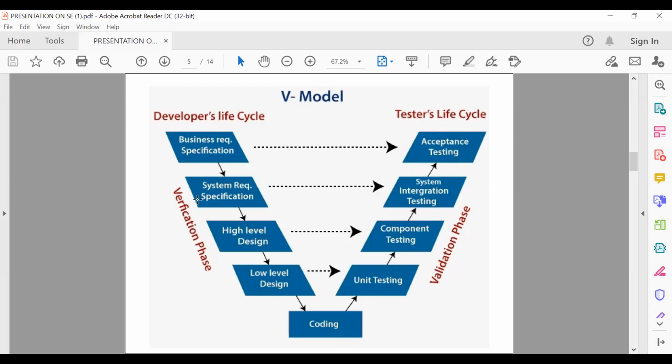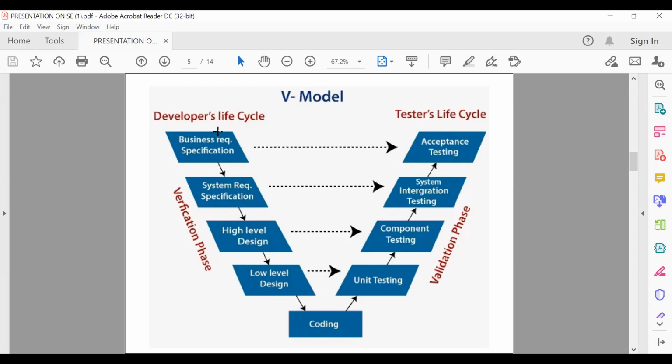and then our developer will create a BRS, the business requirement specification, based on the customer's business requirement, and it will come to the next step. Then comes the system requirement specification.